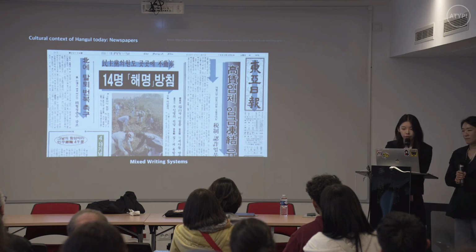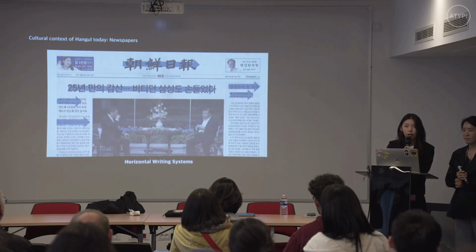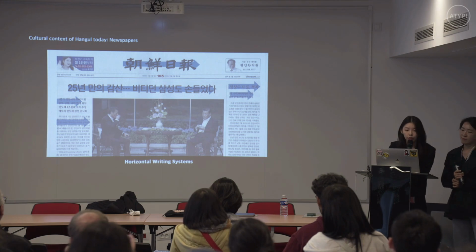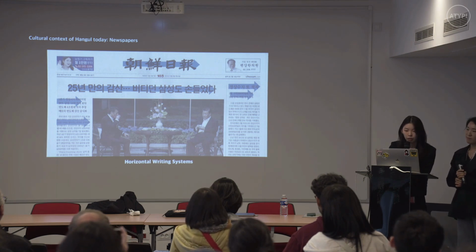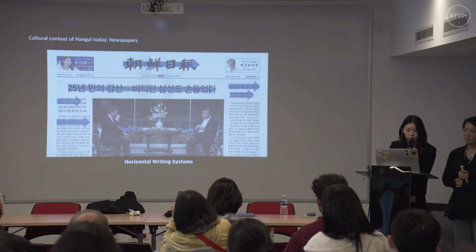Compared to the widespread use of horizontal lettering throughout society after the liberation of Korea in 1945, newspapers were slow to adopt this change. But nowadays, horizontal lettering is common in newspapers, and vertical lettering is very uncommon. Based on this context, the width setting in Hangul fonts is relatively less constrained.